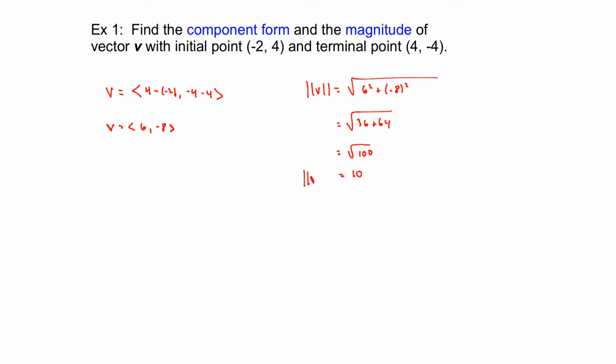So the magnitude of vector v is equal to 10. If you look at this on a graph, your vector is at 6, negative 8, so 6 in this direction, negative 8 here, with a magnitude of 10. Its initial point is at 0, 0. We have the direction, and then we have the length, which is 10. So that's what it would look like on a coordinate plane.